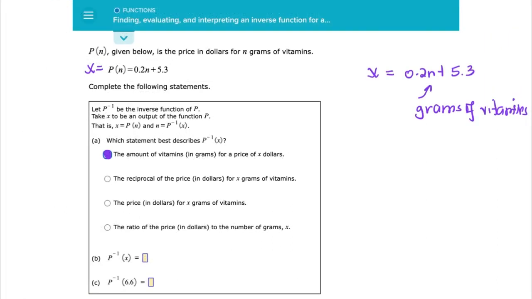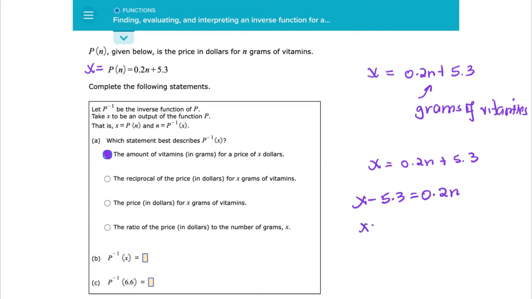In order to find P inverse of x, which is our part B, we're going to solve for N in terms of x. So we'll take x equal to 0.2N plus 5.3. We'll subtract 5.3 from both sides. So I'll have x minus 5.3 equal to 0.2N. And then to isolate N, I will divide by 0.2.